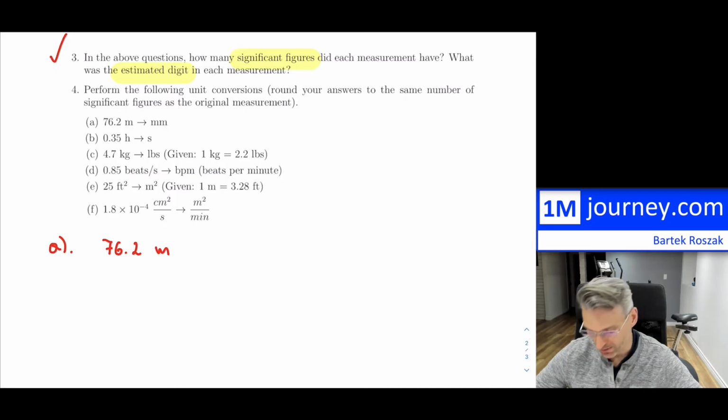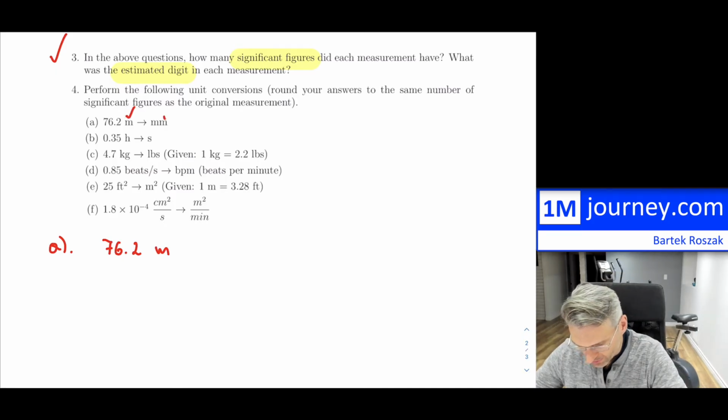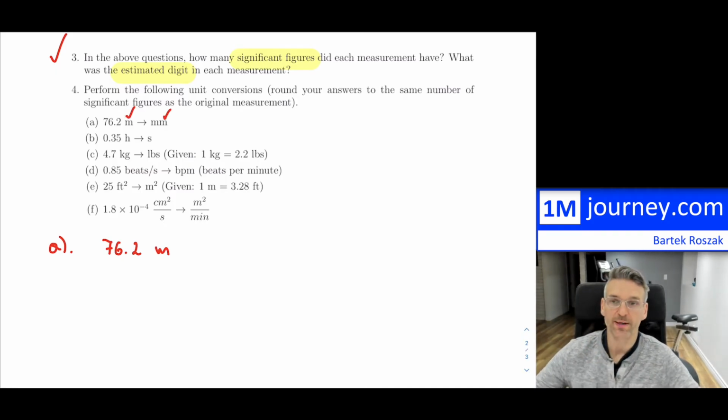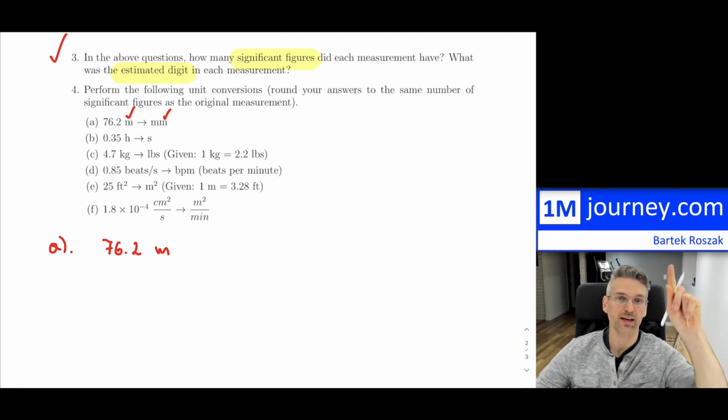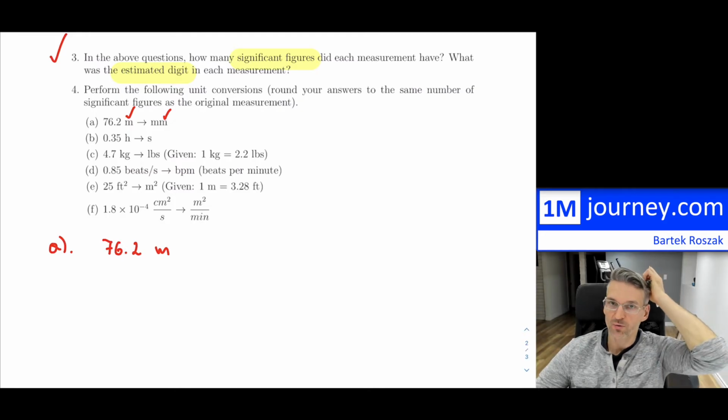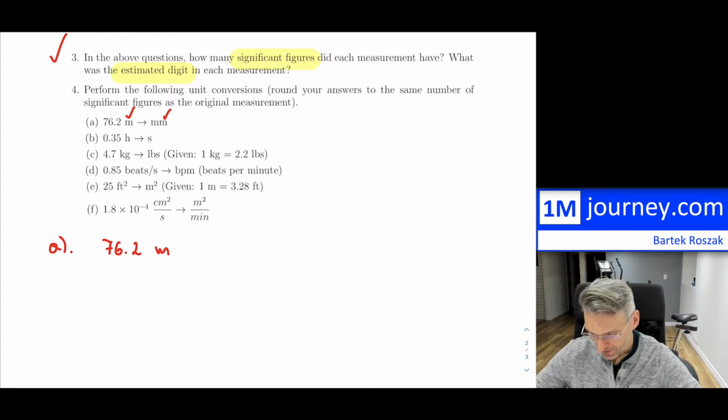Meter and meter, so you have your base right there. So this one, you can just go ahead and move the decimals around. If you've forgotten about metric prefixes, again, I can put up a link up above there. You can watch that video to get yourself reacquainted with that.